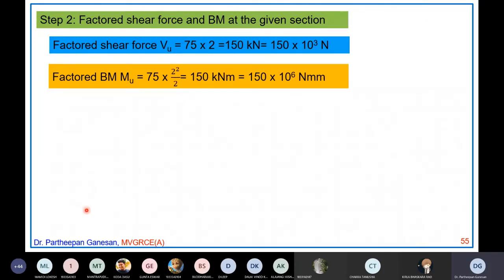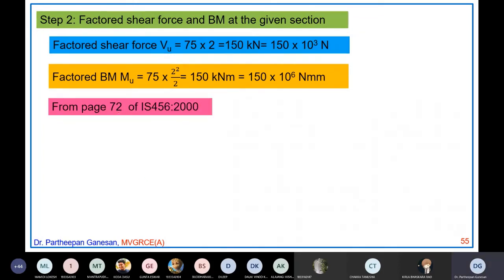Or if you want to write it separately, this is your beam, this is your UDL, and this is 2 meter. So this 75 into 2, that is 150, acts at the centroid, and the distance will be half of this span, that is 1. Half of 2 is 1. So 150 into 1 is 150 kilonewton meter, or WL square by 2. That is your MU at that particular section. So we found out all the values required.